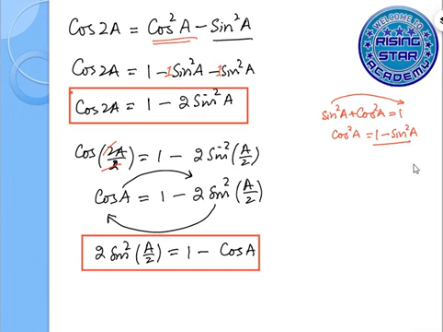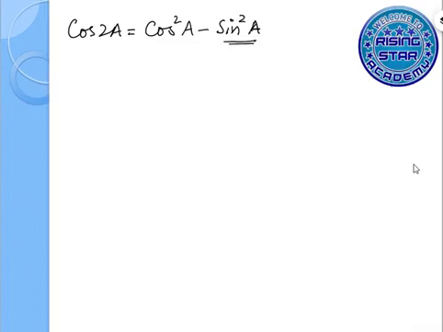Now we will prove the third identity for the cos of 2A. Cos of 2A is cos square A minus sine square A. Now I will change this sine square A. So we know that sine square A plus cos square A is equal to 1.